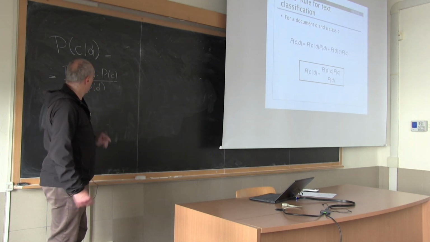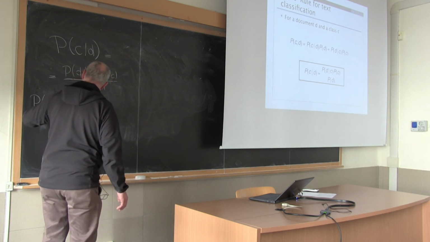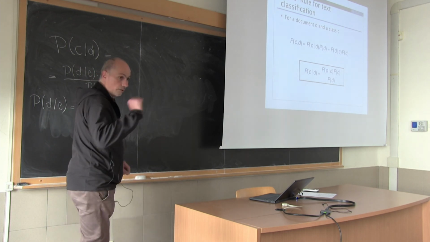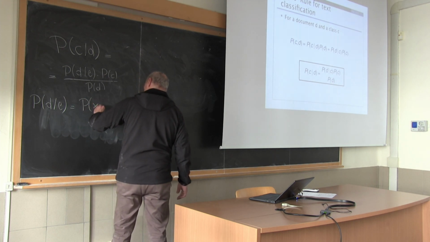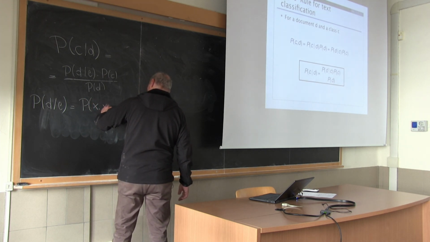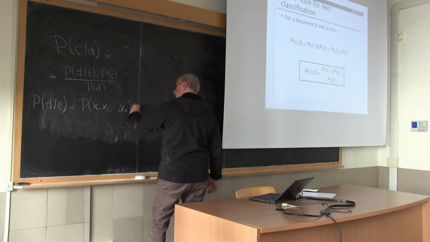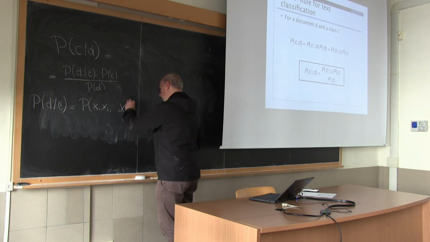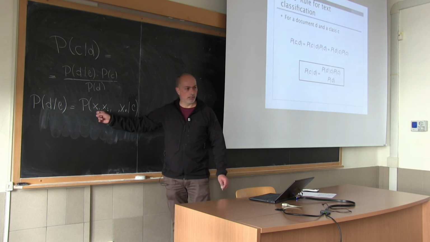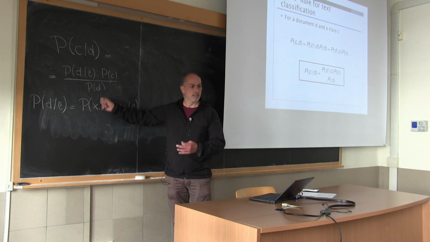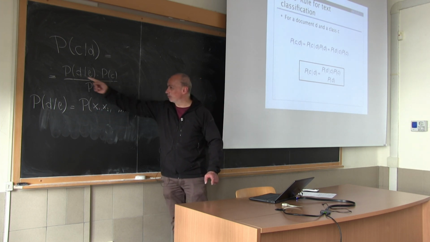Okay? So, what can I write about P(d|c), given the first model we have? So, this is the probability that I find some term, not some term, that specific term I'm observing, because the document is something.